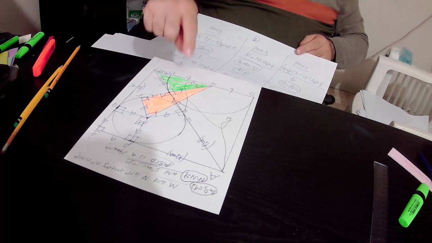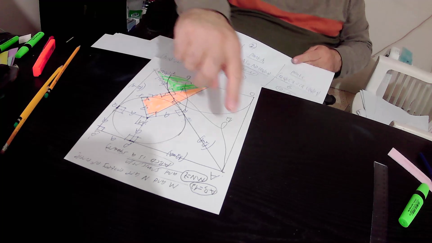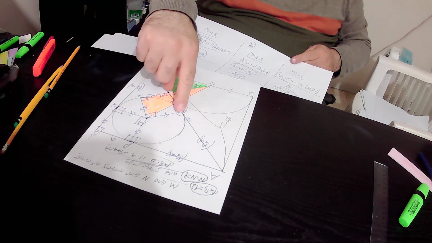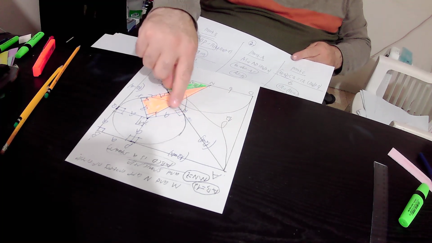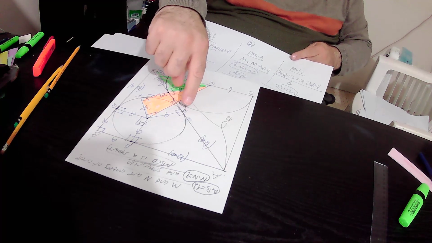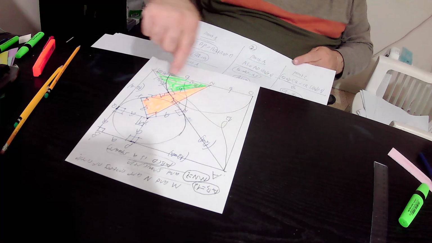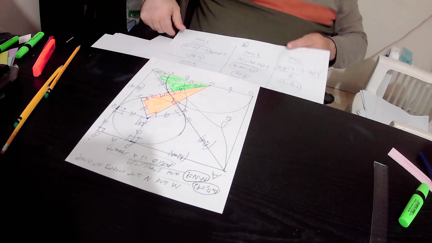So what is the value of RS? It is very easy to see from the drawing that the length of line segment RS is equal to AS minus AR.